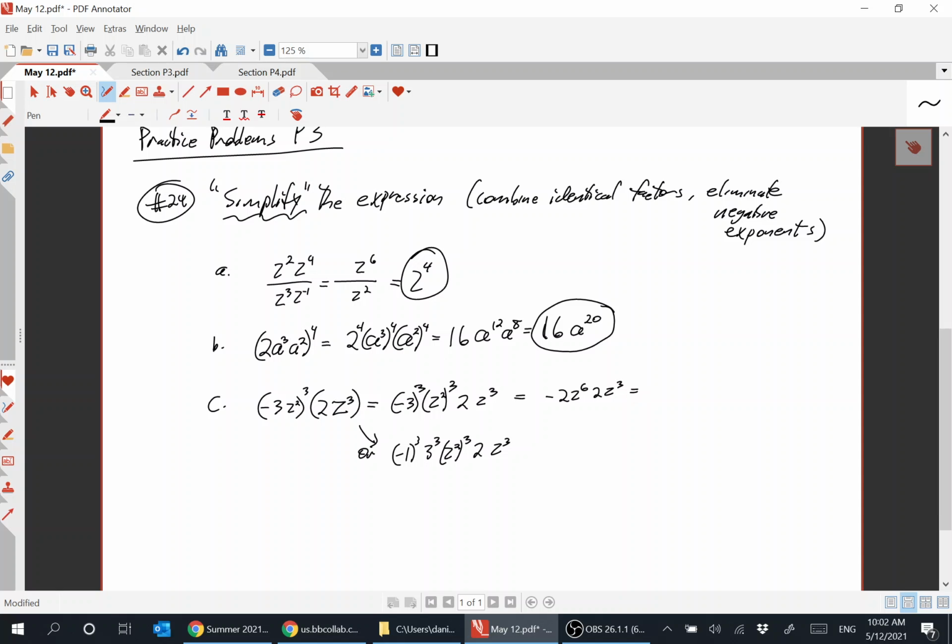Right, now what else can I do here? Remember, multiplication is commutative. So I can multiply together factors in any order. So using commutativity here, it's minus 27 times 2 times z to the 6th times z to the third.